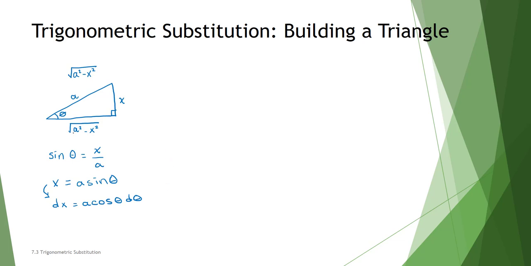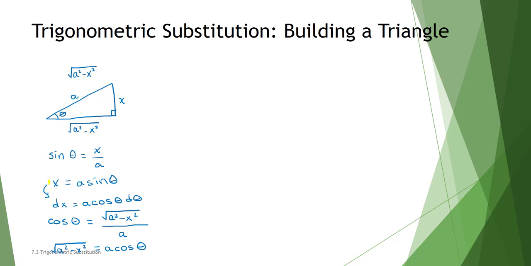You can also relate this radical to the constant using cosine. So we know that cosine theta is equal to the square root of a squared minus x squared divided by a, or in other words, the square root of a squared minus x squared equals a cosine theta.